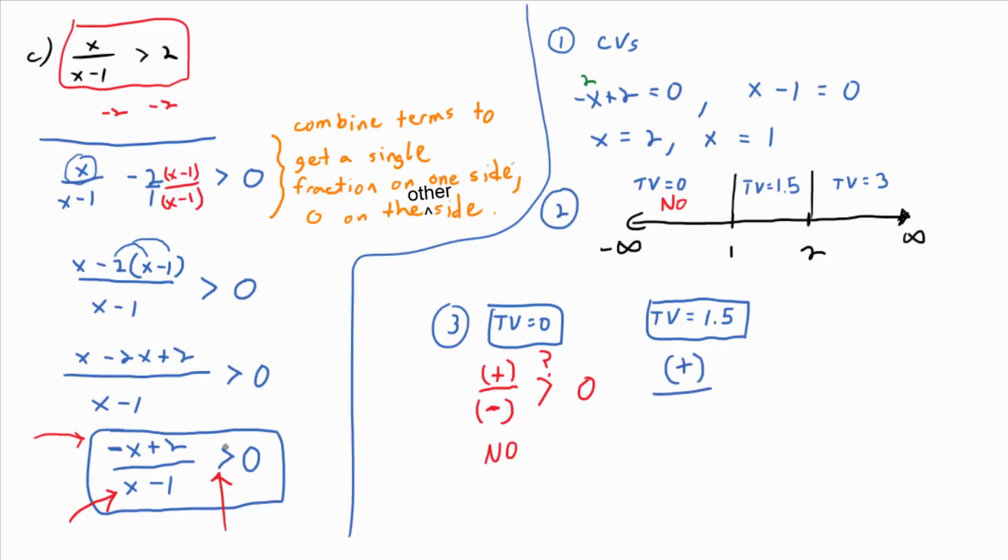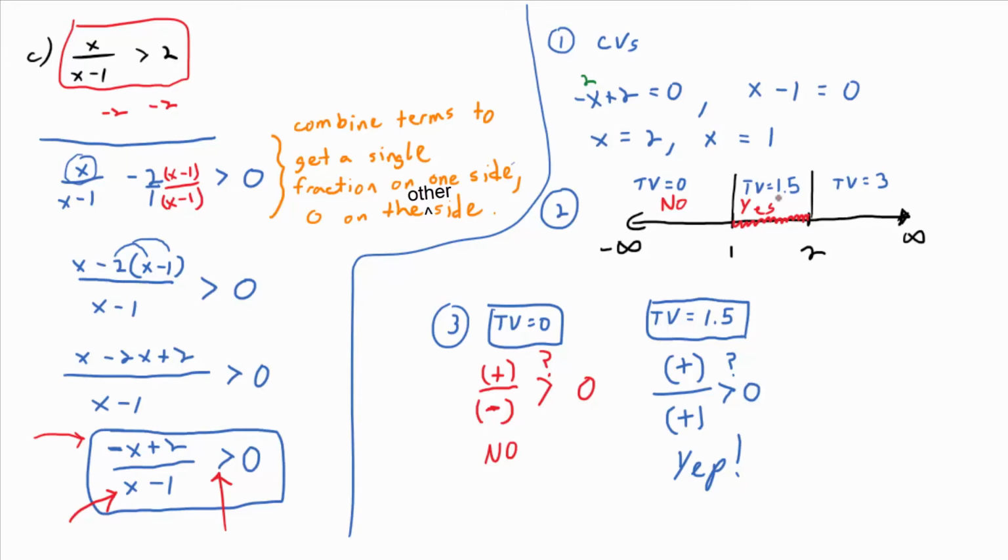And then if you plug in a 1.5 here and subtract 1, it's positive 0.5, isn't it? So is a positive divided by a positive bigger than 0? Yep. So you're gonna shade. It's a big old yes here, and you're gonna shade between 1 and 2.